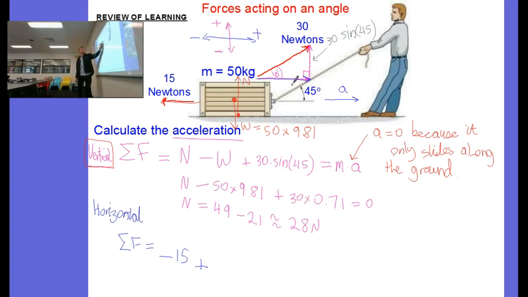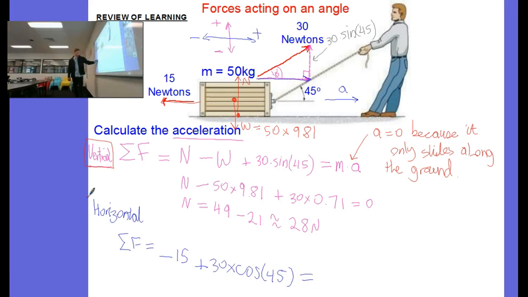Now, what's going to be the size of that force? Who could tell me how I would calculate that? 30 multiplied by the cosine of 45 degrees. Very good. 30 multiplied by the cosine of 45 degrees.